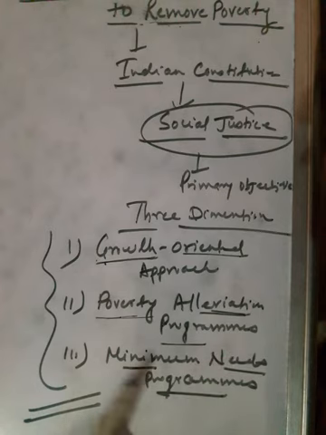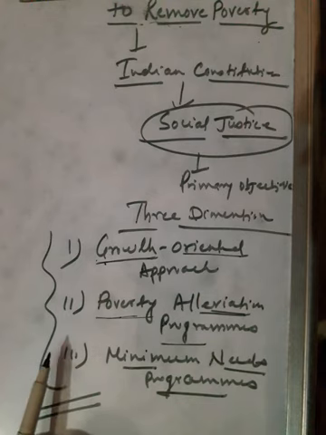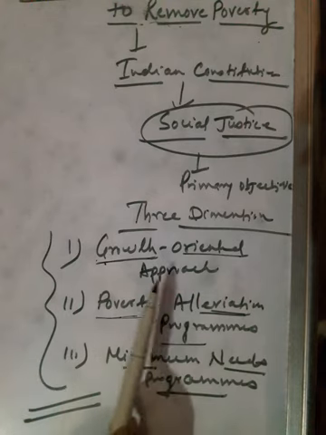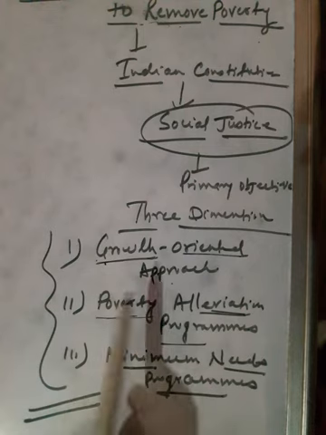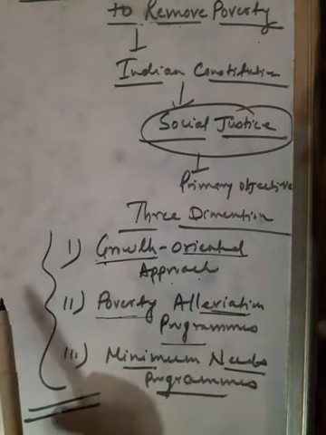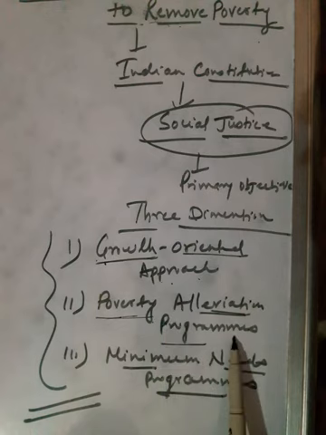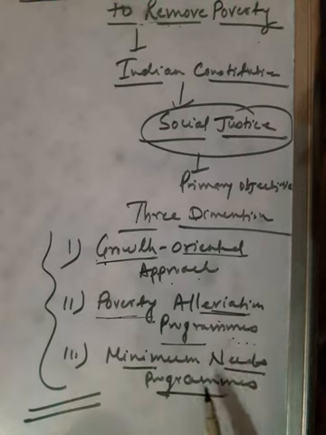So students, in my next video I will discuss how the growth oriented approach is helpful in reducing poverty, what the poverty alleviation programs run by the government are, and what the minimum needs programs run by the government are.